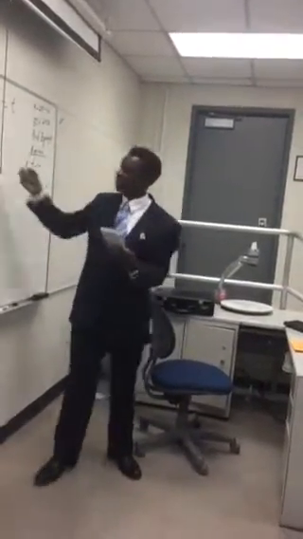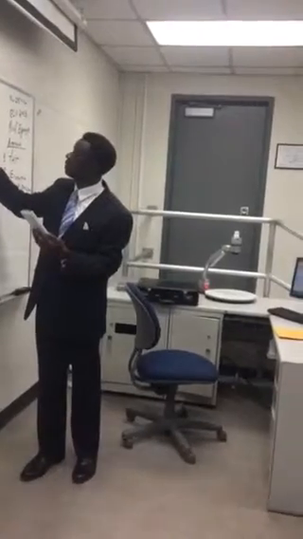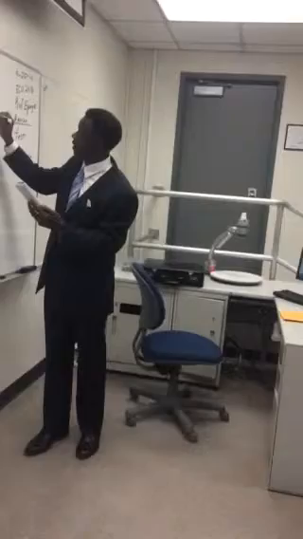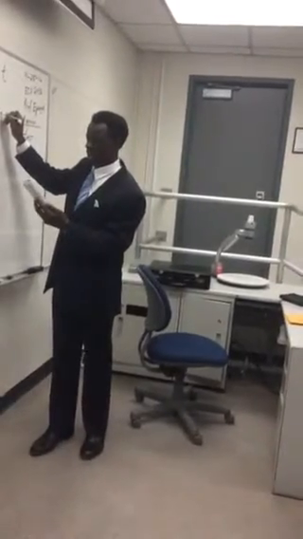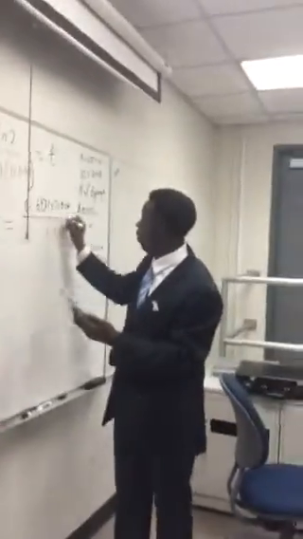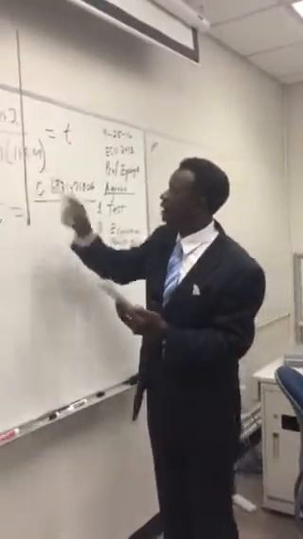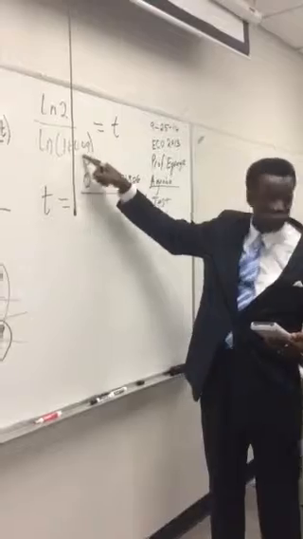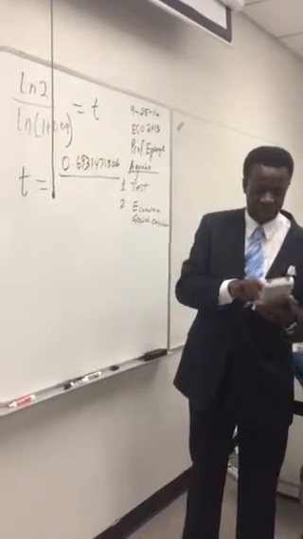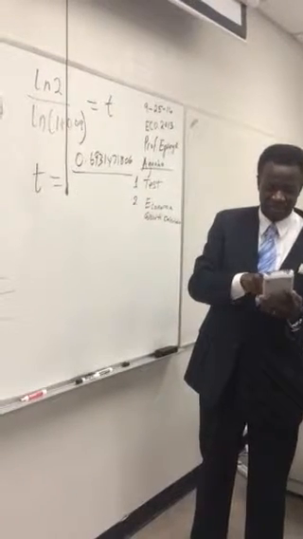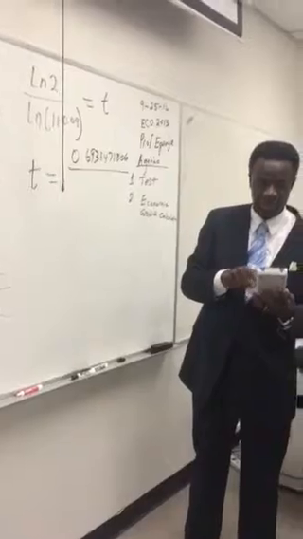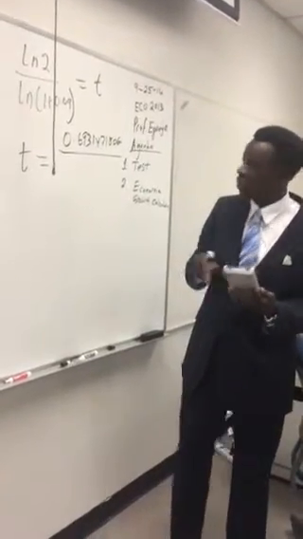That's going to give you 0.693147 1806, over ln 1.09, because 1 plus 0.09 is 1.09. Divided by ln 1.09.